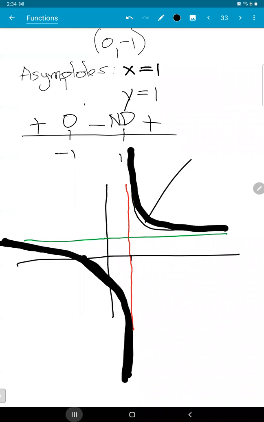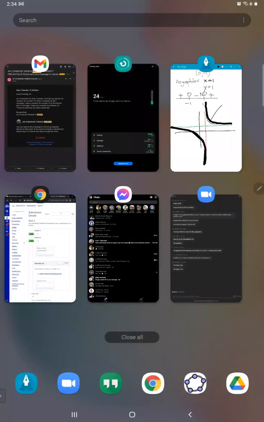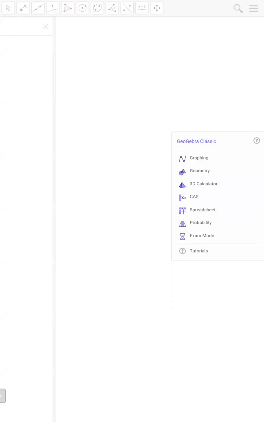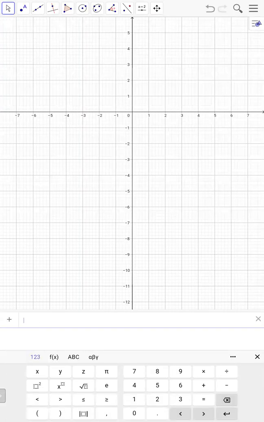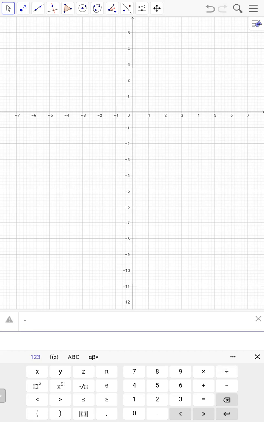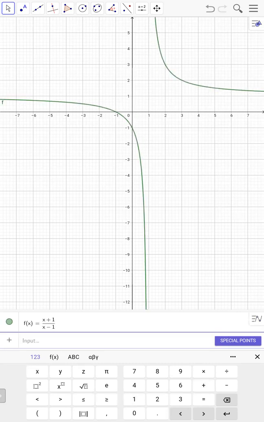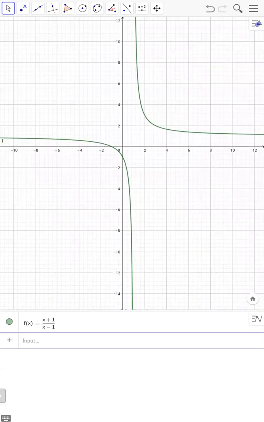Okay, let me show it to you using GeoGebra. Let's graph, plot, put in the expression. And let me show you the asymptotes.